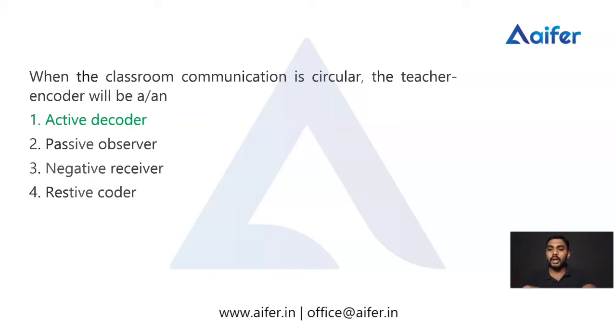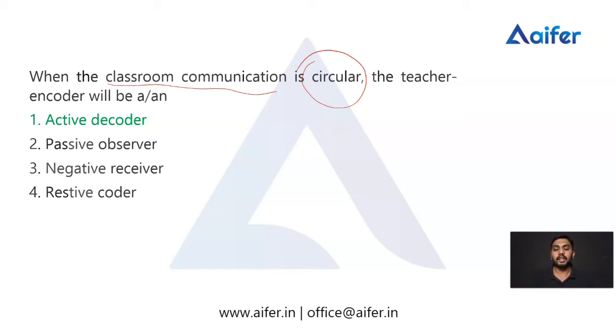In order to answer this question, we need to find the concept of classroom communication. We know that the communication inside the classroom is known as classroom communication, and here the classroom communication is circular. When will a communication be called circular communication? Circular means that the communication is circulating, that is, rounding.